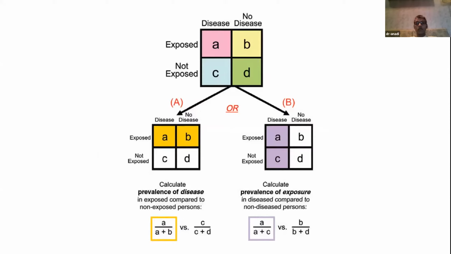We have a 2x2 contingency table, with exposed and non-exposed on one side, and disease on the upper side. So A, B, and C, D. We can calculate the prevalence of disease in the exposed condition, A by A plus B, compared to the non-exposed persons, C by C plus D. We can calculate the prevalence of exposure in the disease condition, like A by A plus C, because disease can be in the exposed and also in the non-exposed person, and there may not be any disease in the exposed, or in neither group.